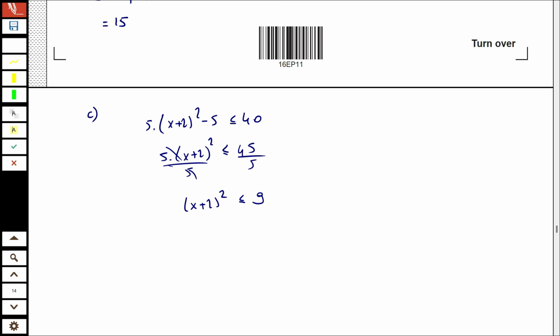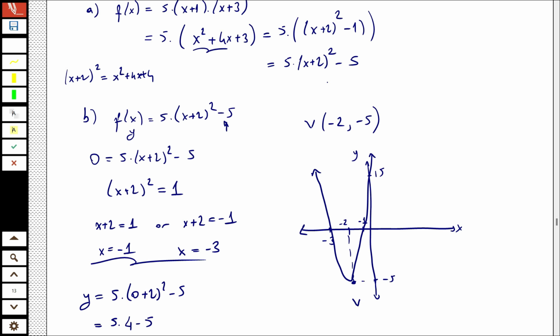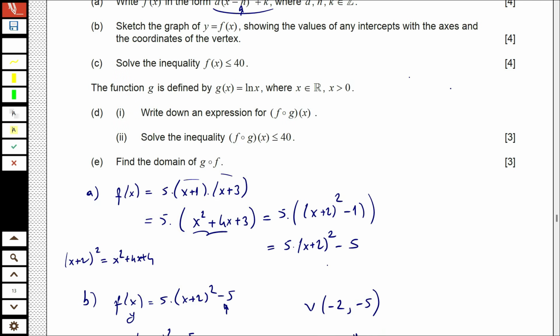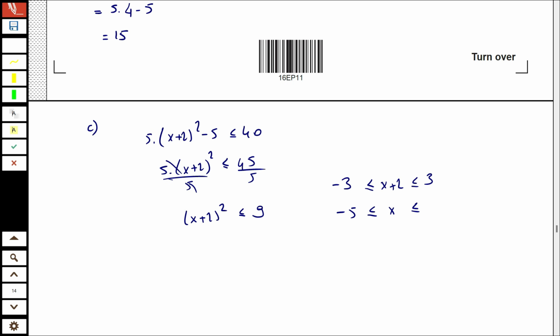In this case, you can write x plus 2 is less than or equal to 3 and greater than or equal to minus 3, right? When you subtract 2 from both sides, it's going to be minus 5 is less than or equal to x, and x is less than or equal to 1. We found the solution of this inequality. Sorry, it's going to be 1, right?